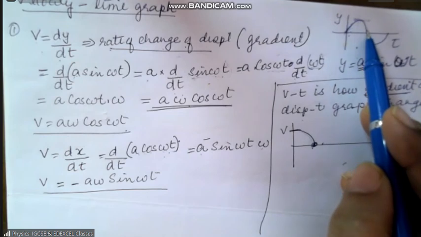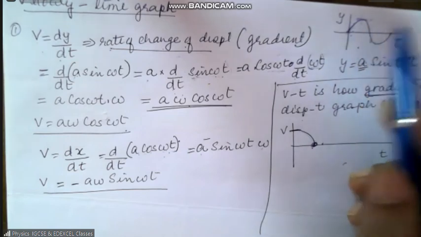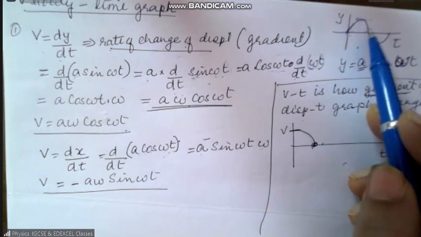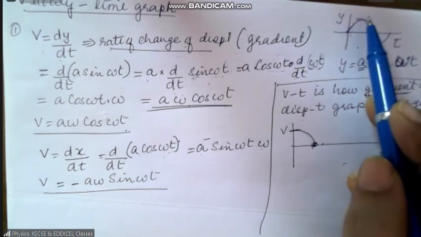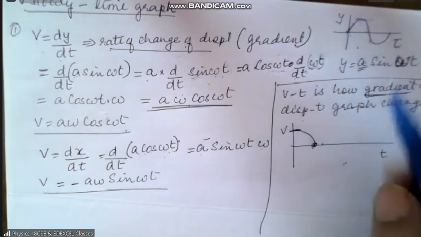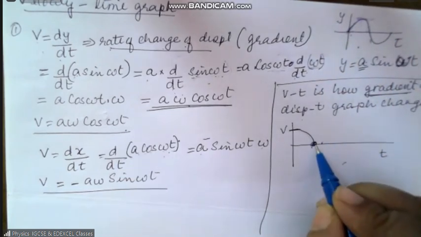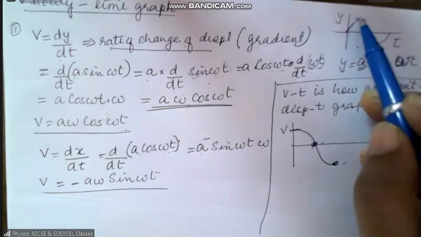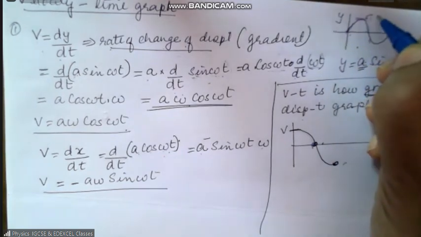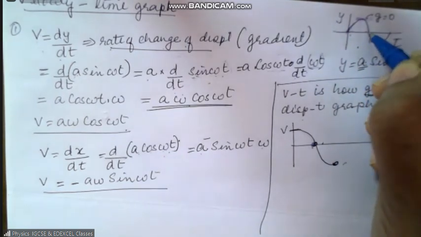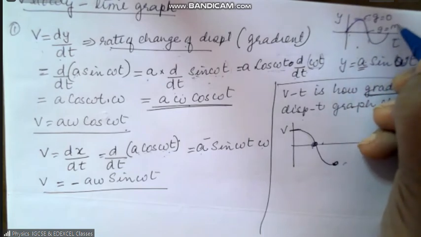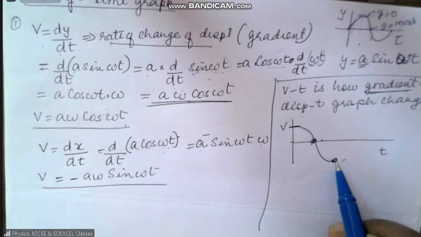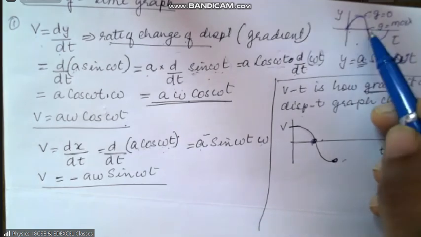Now it has a negative gradient, because this is y2, y1 is bigger, and y2 minus y1 is a negative value. So that means it must come in the negative half cycle. Look here. This is gradient 0, gradient 0, gradient maximum. That's why gradient 0, gradient maximum, but in the opposite direction.